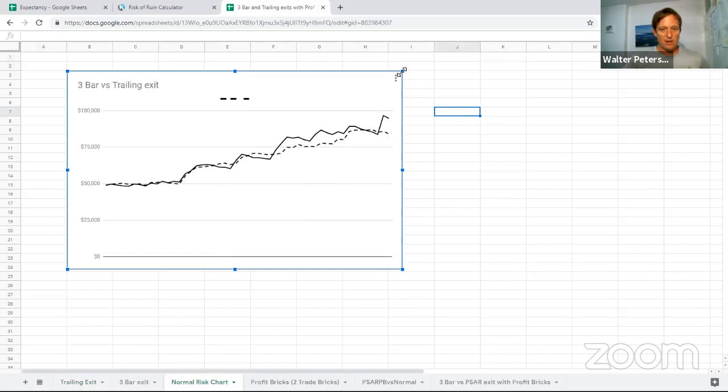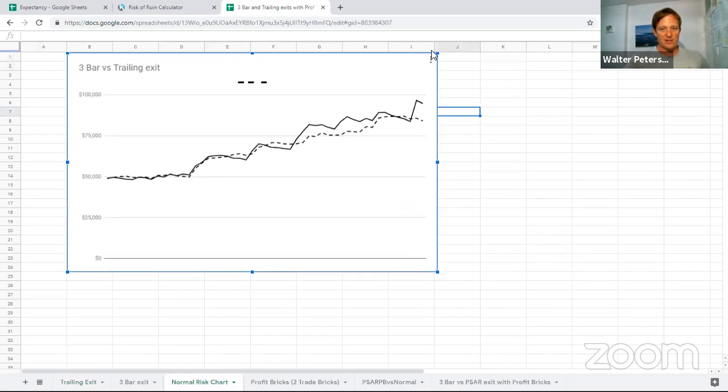So if I go like this, I can make it a little bit bigger. I know sometimes it's hard to see on these screens, but basically that's what you're looking at there. So it's really kind of cool how you can see the effect of the trailing exit. I mean, they're the same trades. That's why these curves are kind of hugging each other.